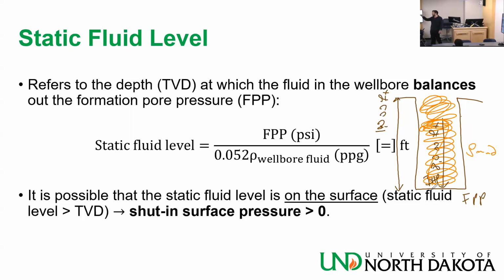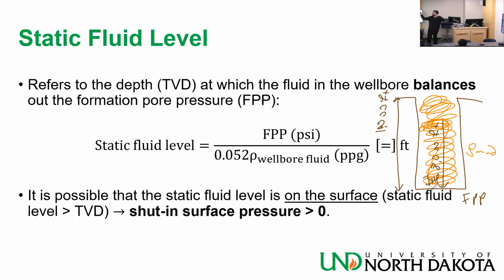In that case, you're going to say the static fluid level is on the surface. That's the convention that we use. Can you come again? If we get our height to be 12,000 feet, which is above the well, what would be the answer in such a situation? We will say static fluid level is on the surface. You will say 12,000 feet.